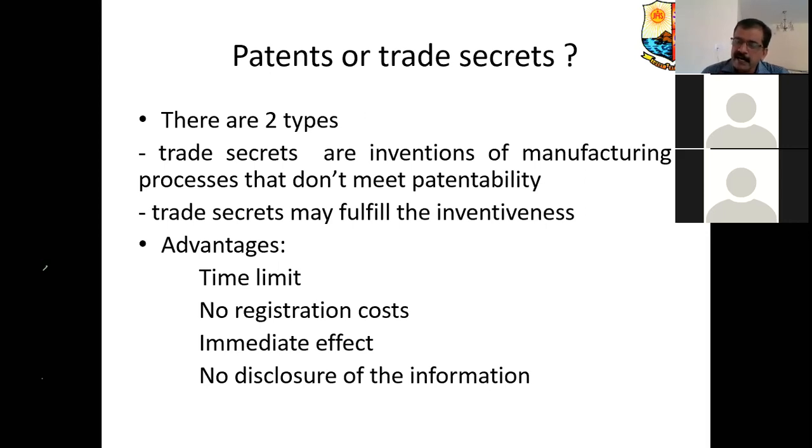What is the disadvantage of registering? Once you register, the time limit is lost, right? Now you will lose the time limit. Therefore, that is the only disadvantage. Otherwise, there is no disadvantage of registering a trade secret.